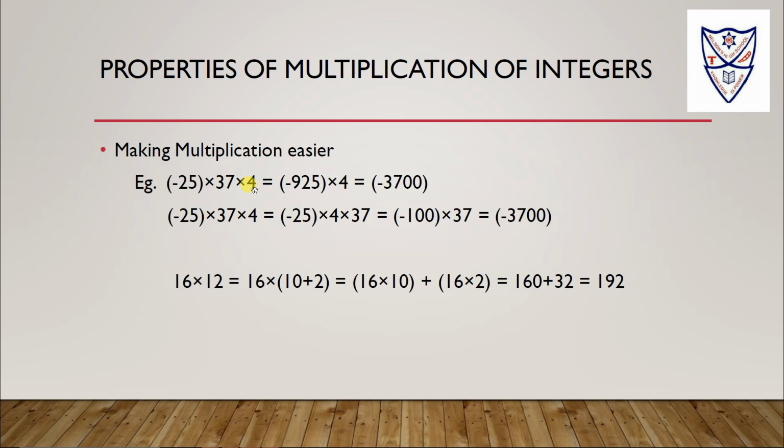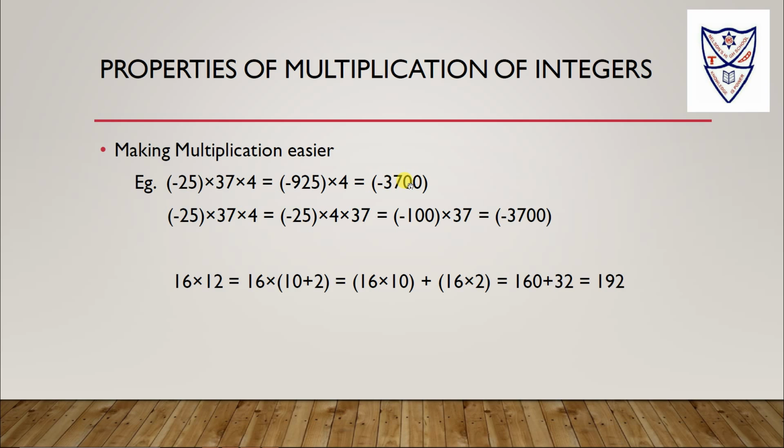Now if we do the multiplication without using any property, what we will do? First of all, we will multiply this minus 25 with 37, which we can't do verbally. For that we have to solve it. At the end we will get minus 925, and then minus 925 will multiply with 4. That also we have to do, and at the end we get the answer minus 3700.